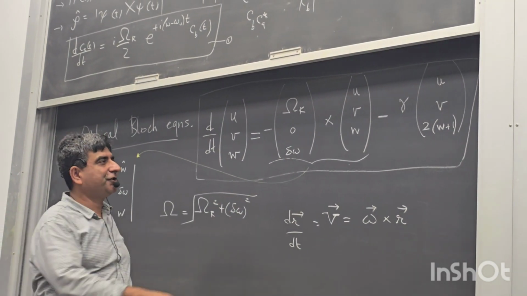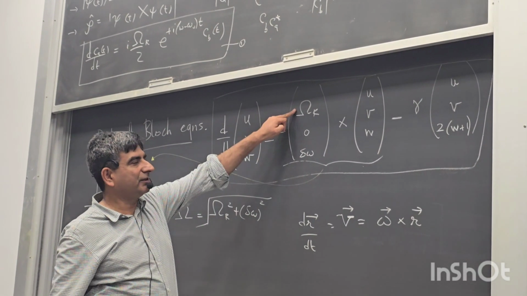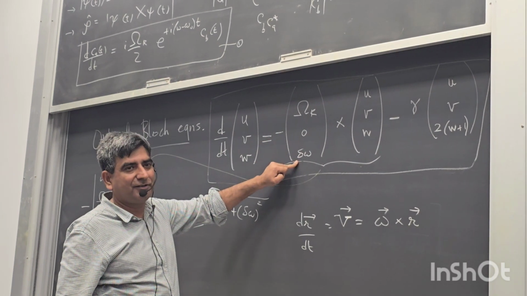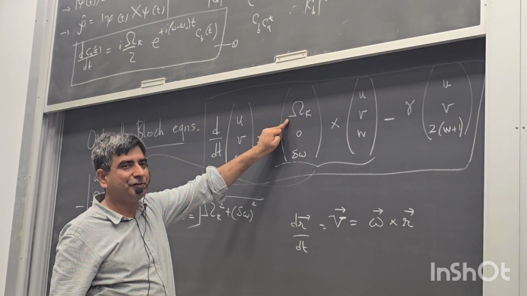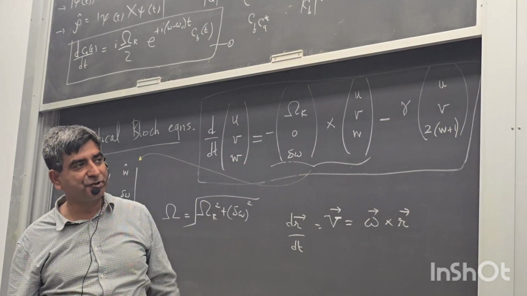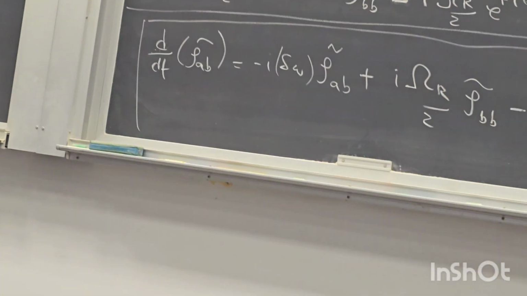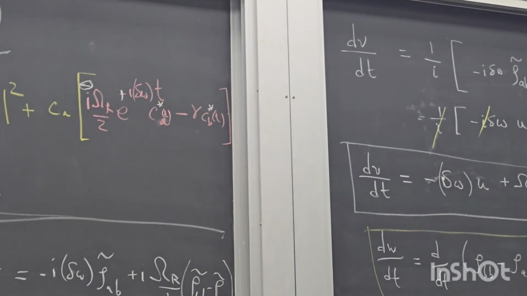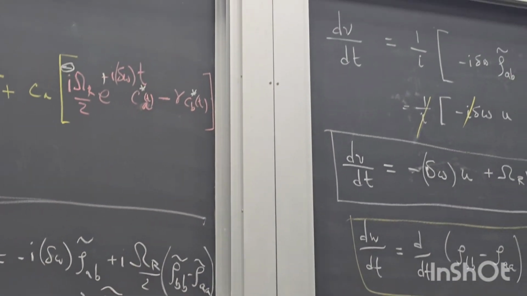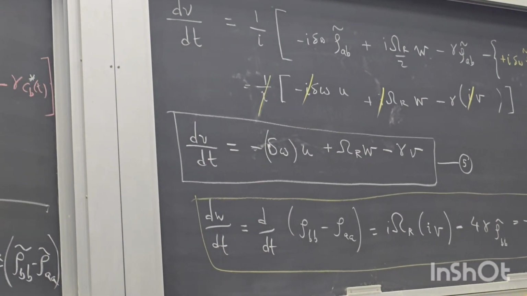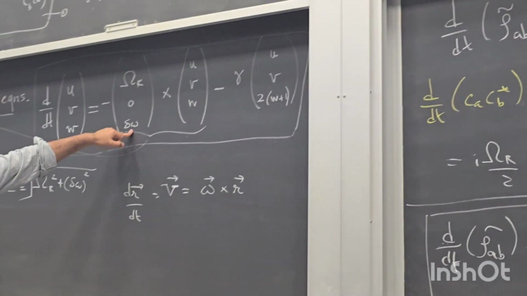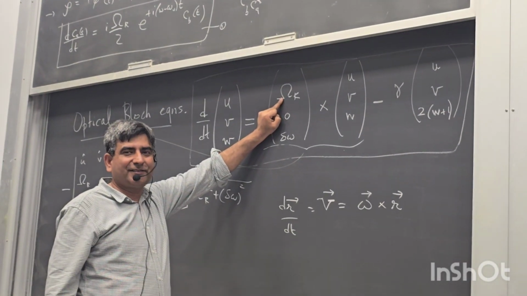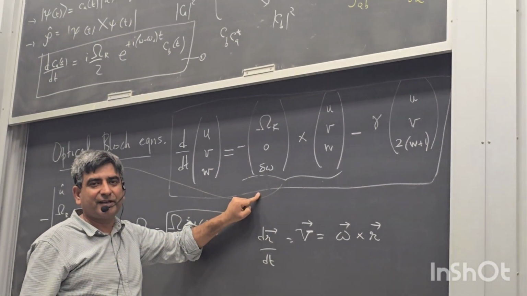And the angle of rotation is, this is along the u axis, this is along the w axis. You will find out that u is related to the coefficient a, and w is related to the coefficient c. So this is the projection along the x-axis, this is the projection along the z-axis.